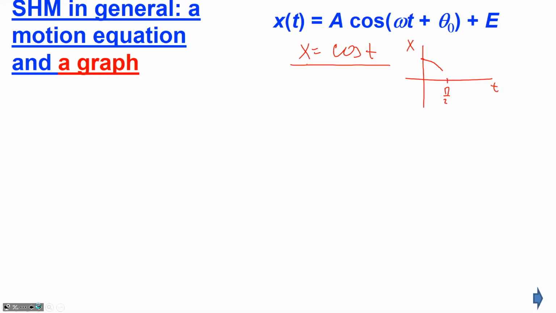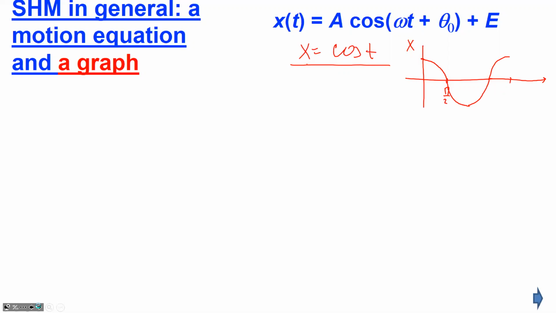And it goes like this. It's not a straight line. It's not a circle. It's not a hyperbola. It's not a parabola. It's a cosine. And it doesn't stop there, of course. We can finish one period. It goes like this, then back to this, and then back to this. This is one period.